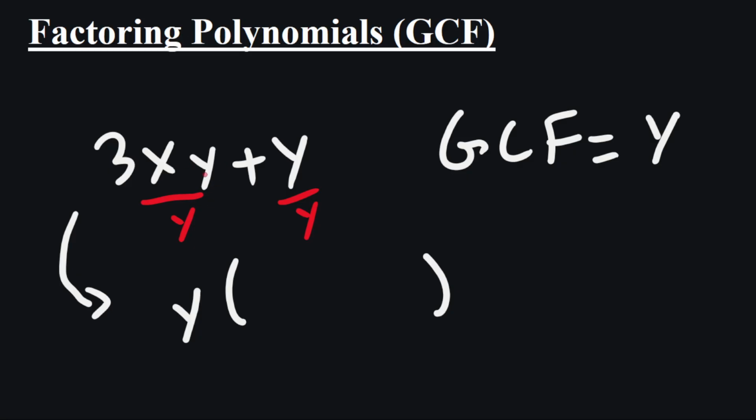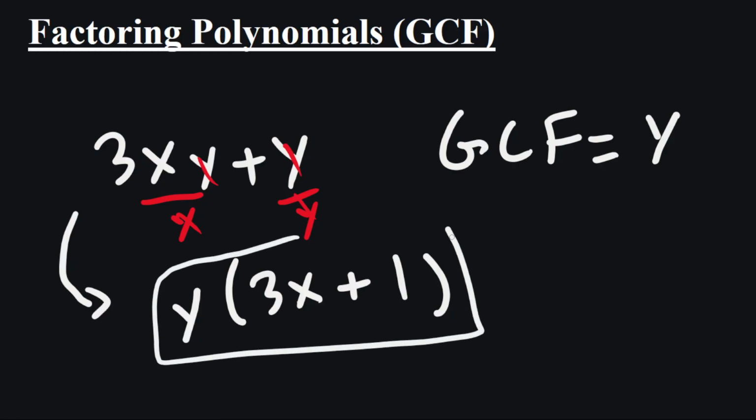That is just 3x because the y in the numerator and the denominator will cancel out. And what's y divided by y? Those cancel out. Anything divided by itself is 1. So that is how we factor that polynomial: y times parentheses 3x plus 1. And that's how you deal with it if there are multiple variables.